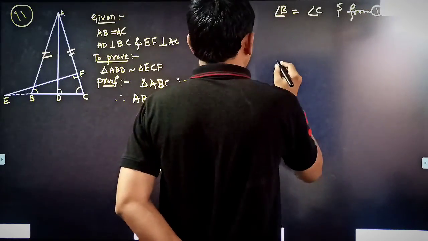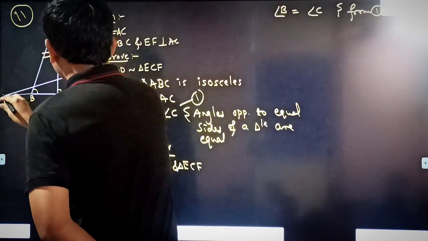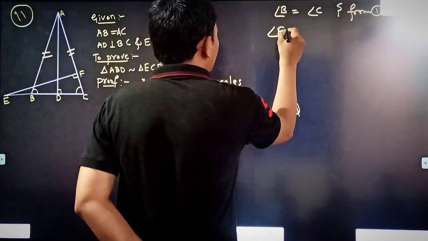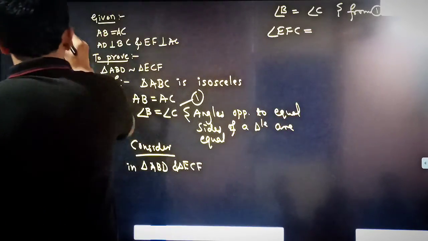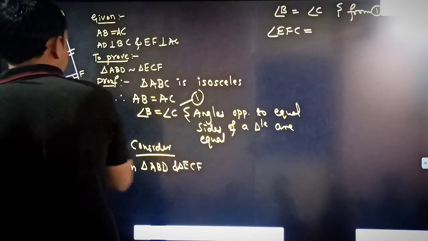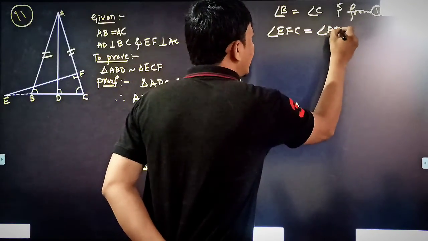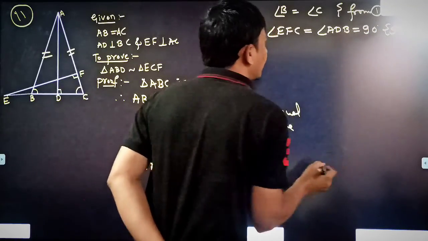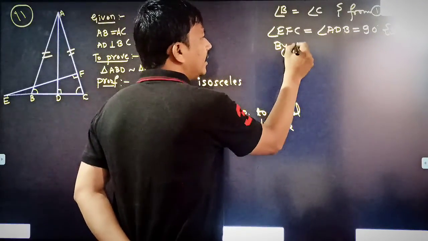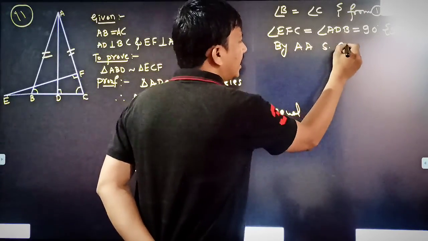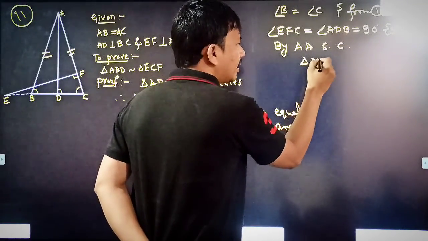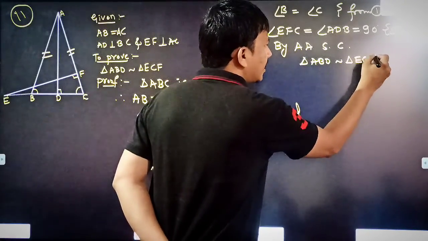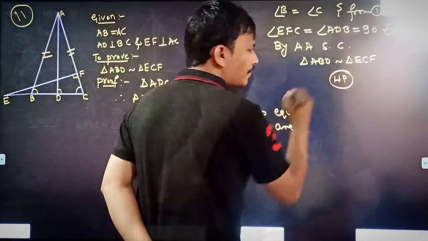Next, angle EFC is equal to angle ADB. Angle ADB is equal to 90 degrees because it is a given thing. By the similarity criterion, triangle ABD is similar to triangle ECF.